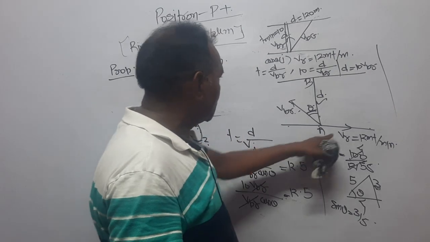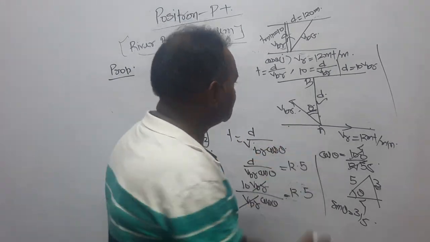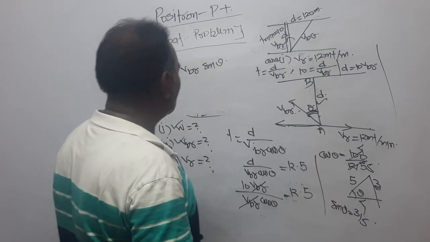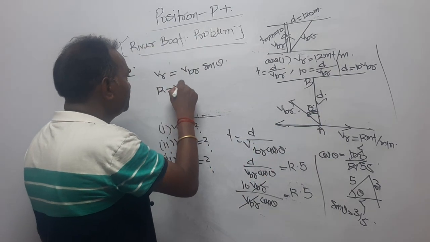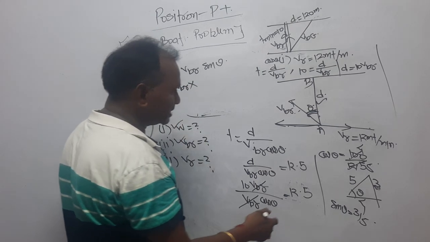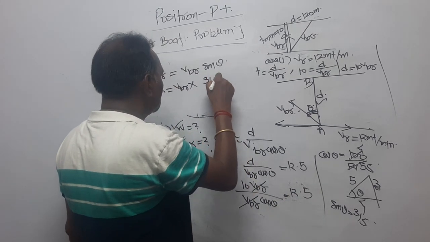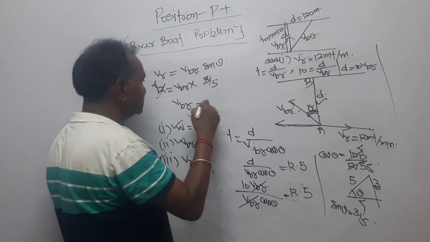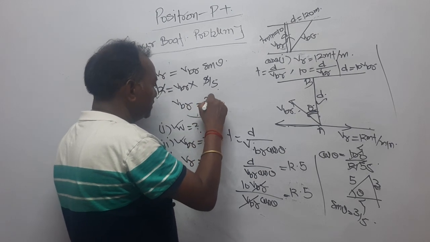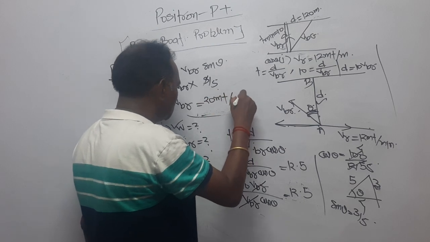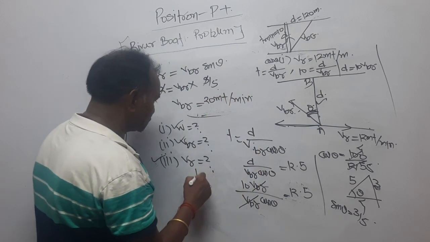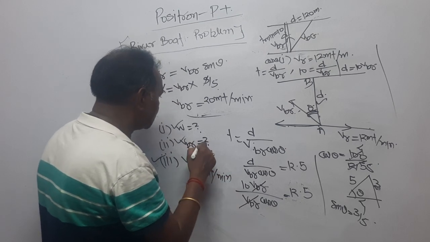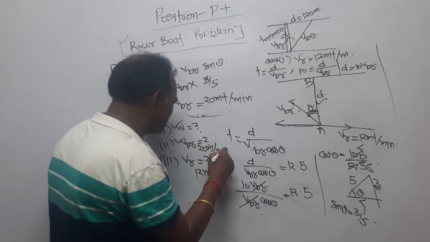VR is 12, and sin theta is 3 by 5, so VBR is 20 meter per minute. This was from 12 meter per minute.